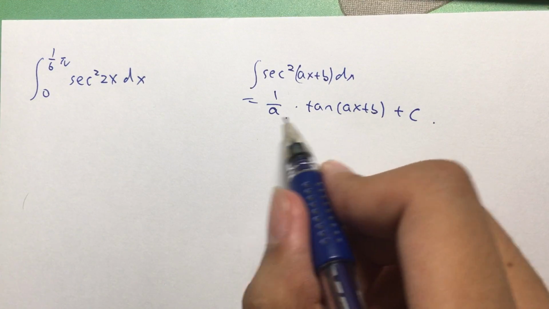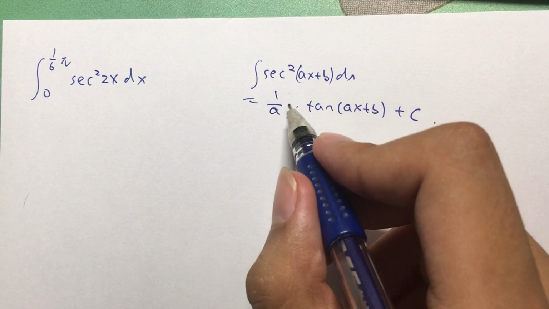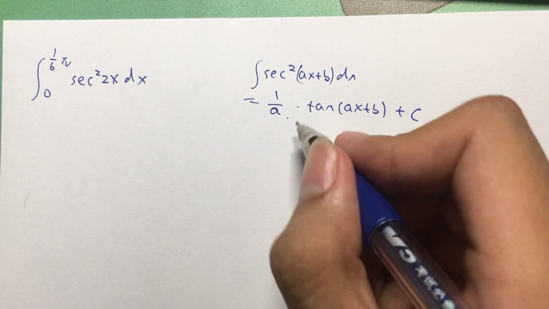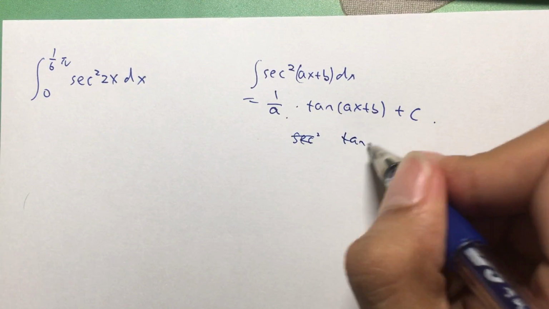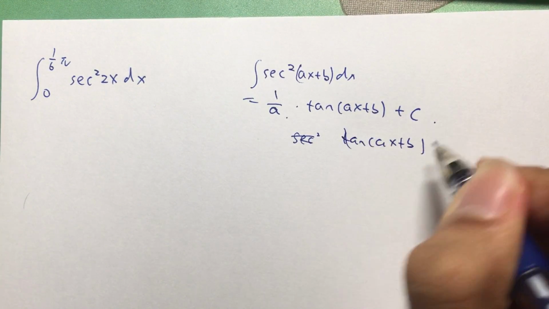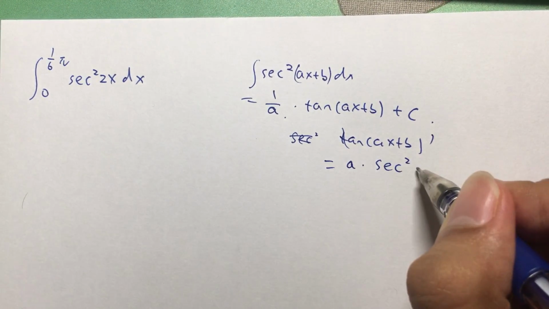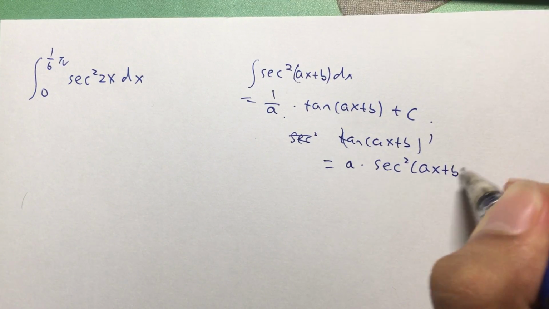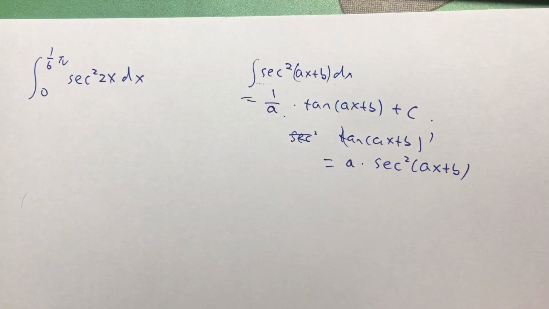If you differentiate this, you will have a at the front, so a and a will cancel out and you will be left with secant squared ax plus b. So tangent ax plus b dash equals a times secant squared ax plus b, and these two will cancel and you will get the value of this.